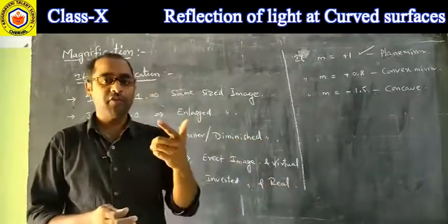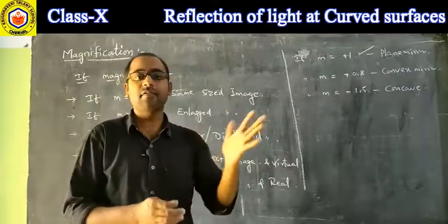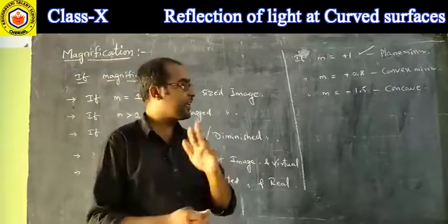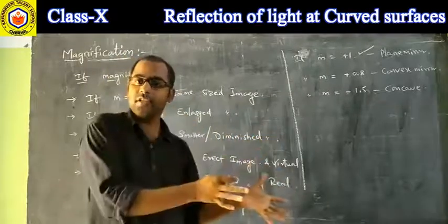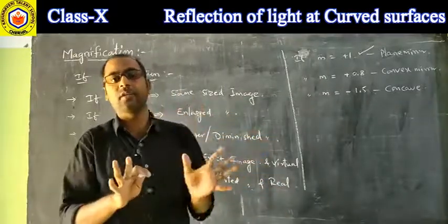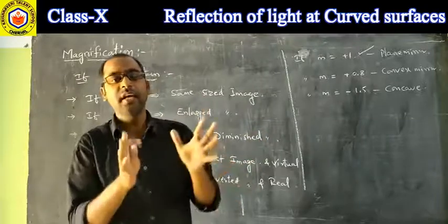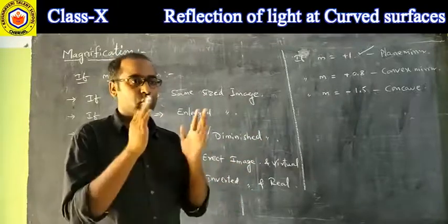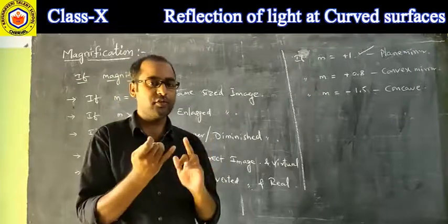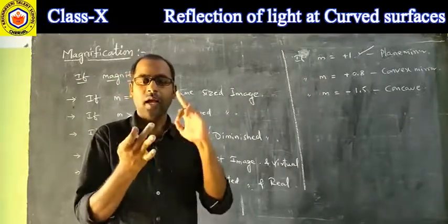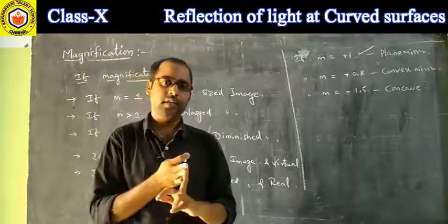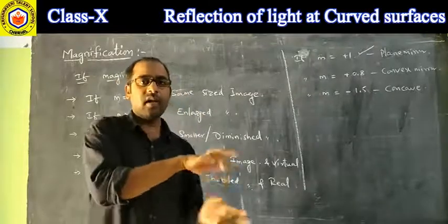One scenario: when we place the object at the center of curvature of a concave mirror, it forms a same sized but inverted image. So for a concave mirror, the magnification value can be equal to 1, greater than 1 and less than 1, and it can be positive and negative.